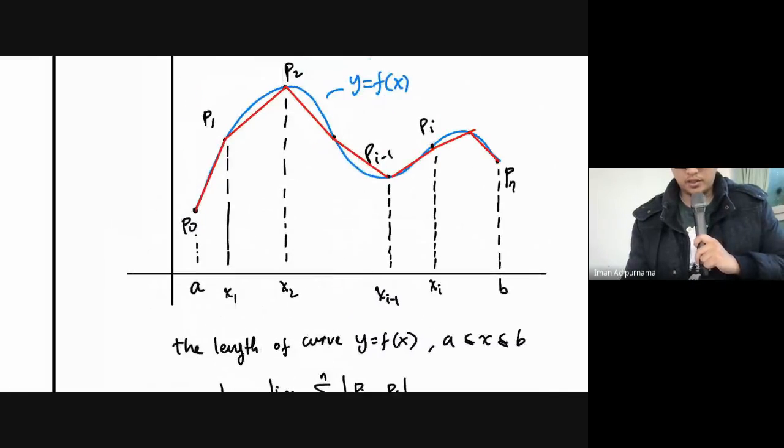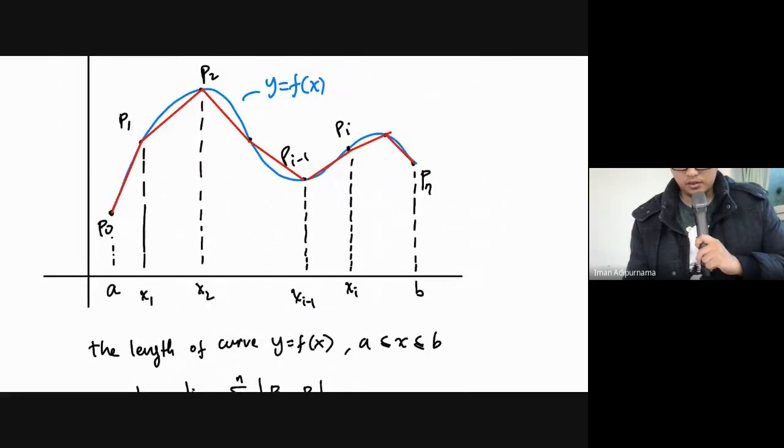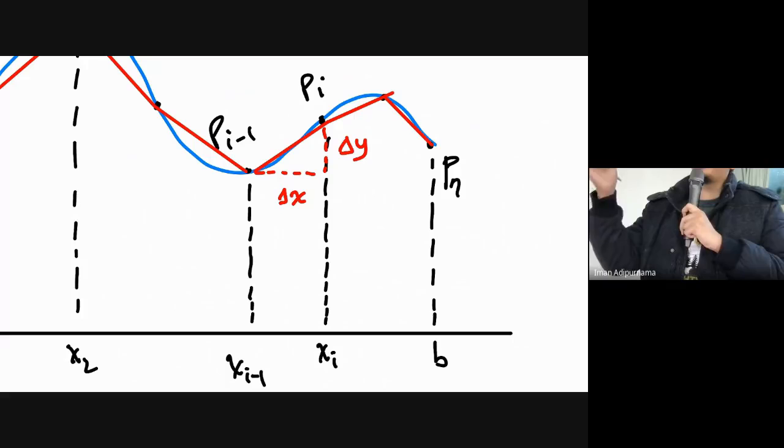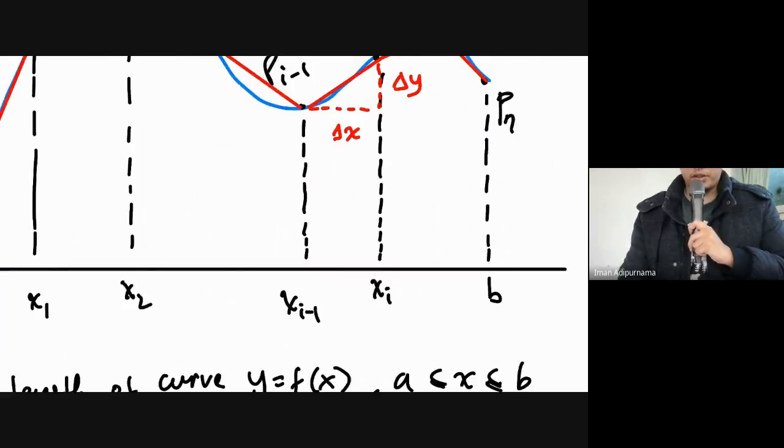Imagine a triangle, where this is delta y and delta x. You can have the relations for delta y and delta x to find the distance, to find the Pythagorean formula.